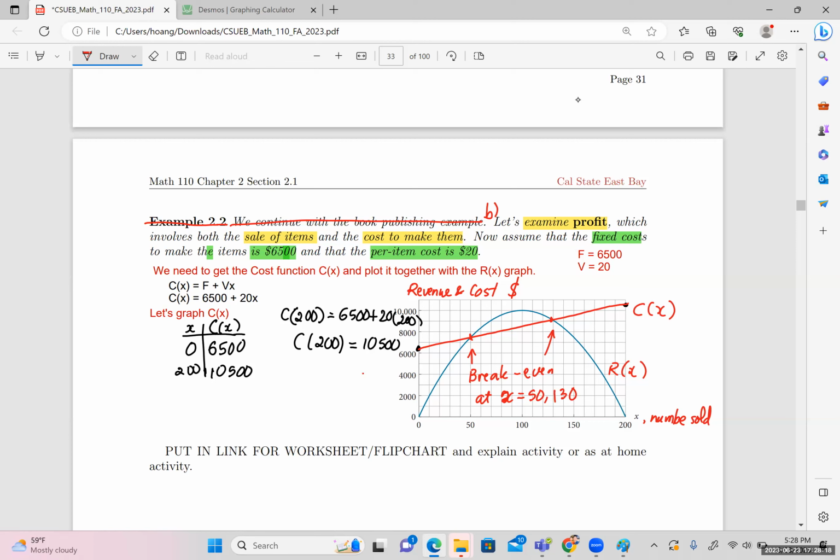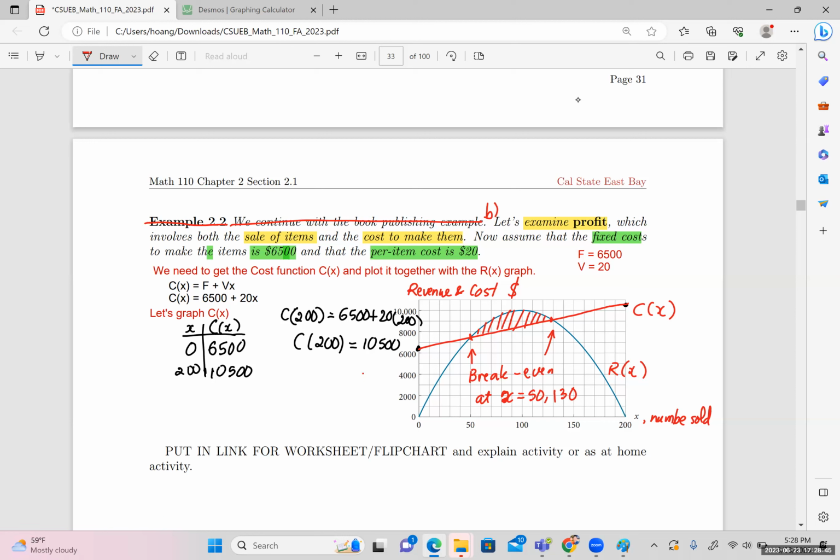So I would love to show my boss the area where he or she should operate to make the profit positive. That is where the revenue function is above the cost.